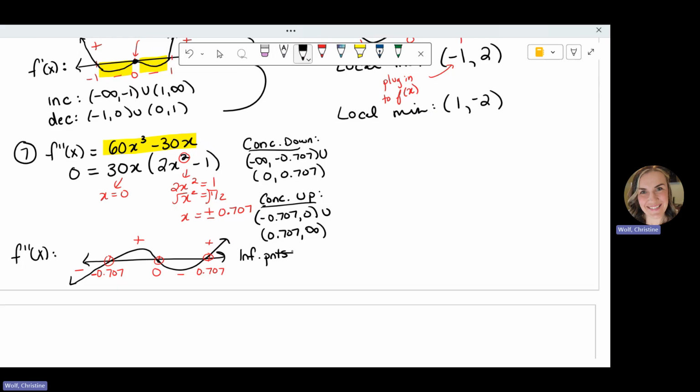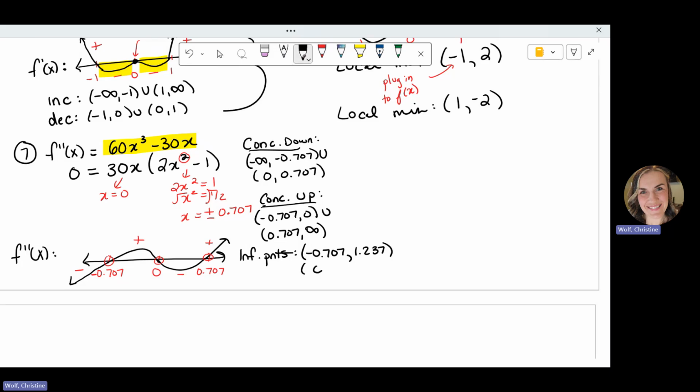is you will start with your first X value, which is negative 0.707, and you will plug that into your original graph. Again, whenever you're plugging in to find a point, you're always plugging into your original. When I plug that gross negative decimal into my original polynomial, I get an answer of about 1.237.